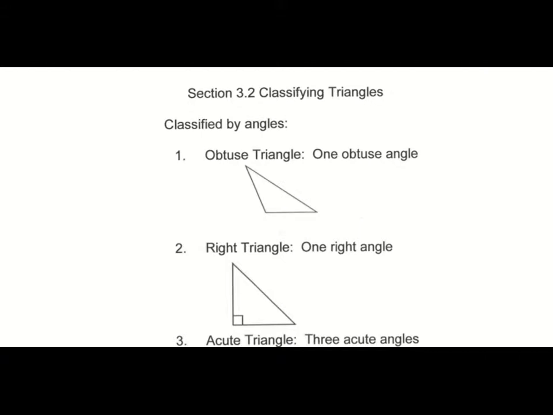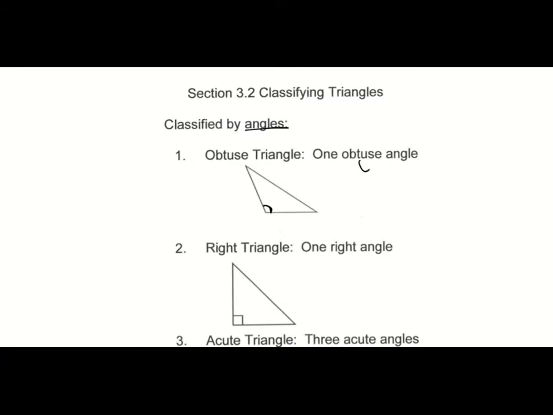In section 3.2, we're going to look at classifying triangles, and when we classify triangles, we generally classify them in two different ways. The first way is by angles, and just like we talked about a few chapters ago, there are three different angles that we're going to classify our triangles by. The first is an obtuse triangle, and in an obtuse triangle, we have one obtuse angle.